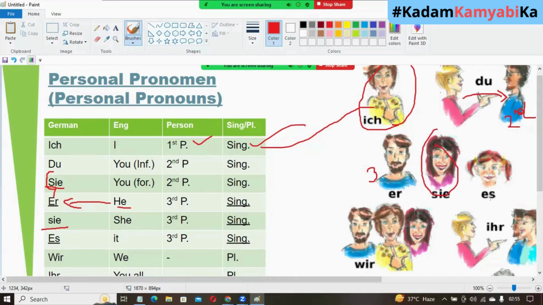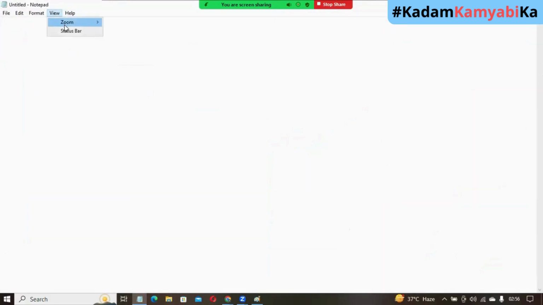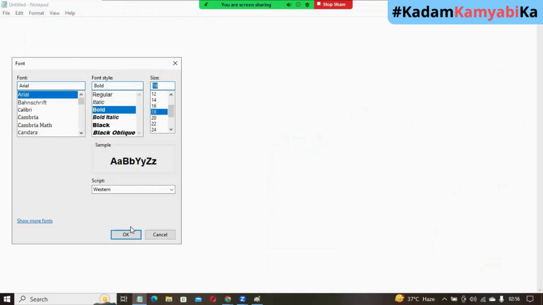On the other hand, if we say es, it is again third person singular. In this picture, you can see there is a girl. So in German, every noun has a gender, and that you need to learn. There is no set criteria that these will be females, these will be males. So it's masculine, then it's feminine, neutral, and plural. These are the four genders.